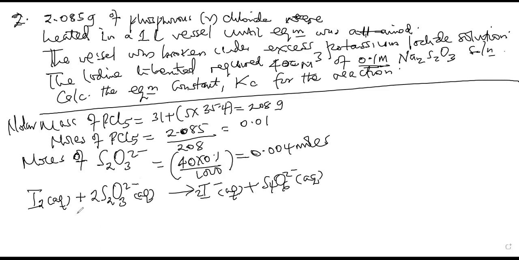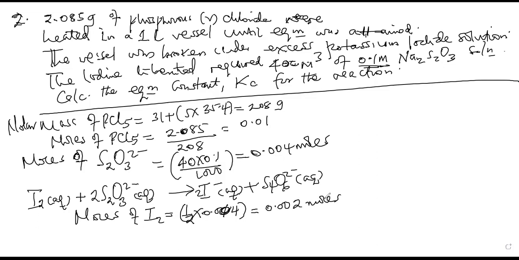Moles of iodine will be a half of 0.004 moles. So this will give us 0.002 moles. So these are moles of iodine that we formed.